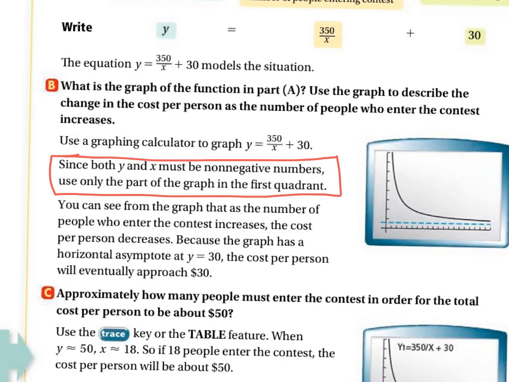So there has to be a positive number of people and a positive cost, so we have to be in the first quadrant. That's why they're restricting it to that. And then if you'll notice the asymptotes, they've got a different scale maybe, but their horizontal asymptote is y equals 30.